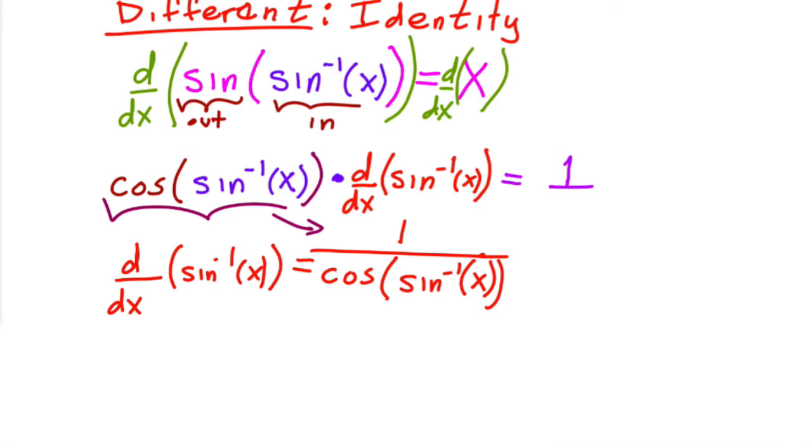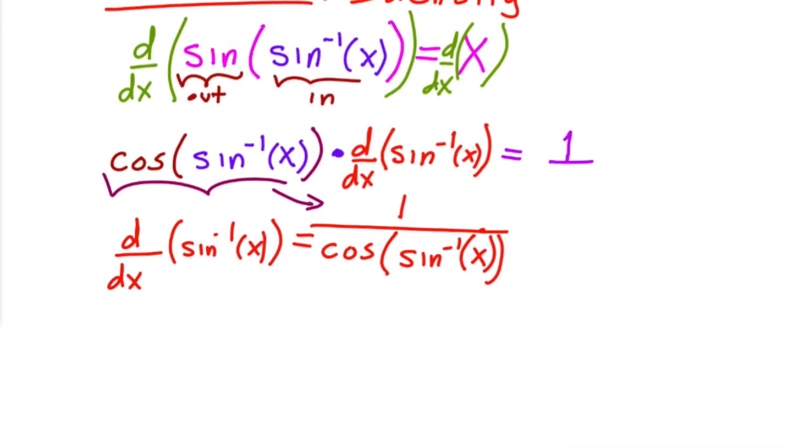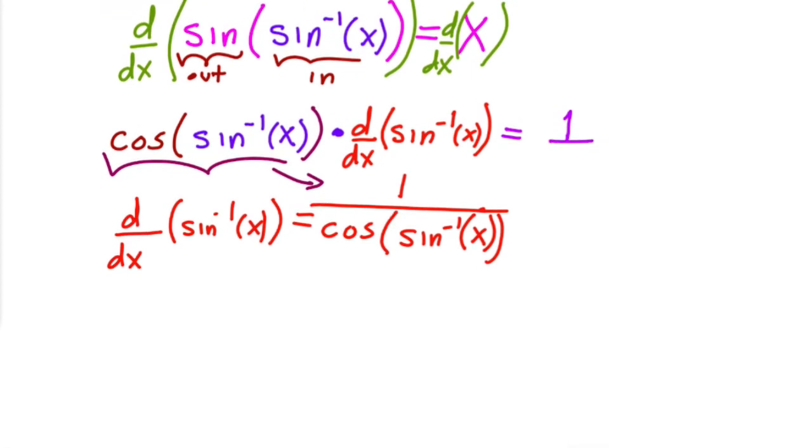You have a couple of options. You can use the identity sine squared plus cosine squared is equal to 1, like we did in the first example, the first derivation.